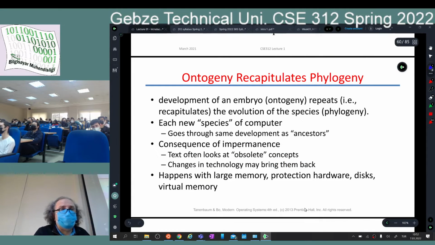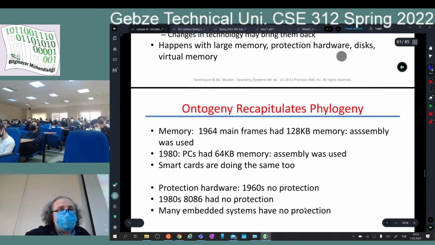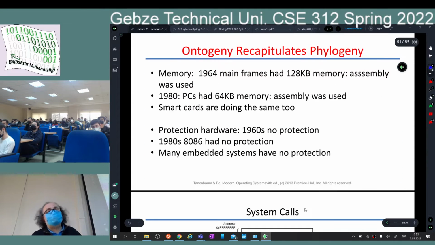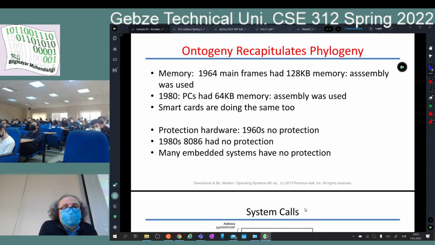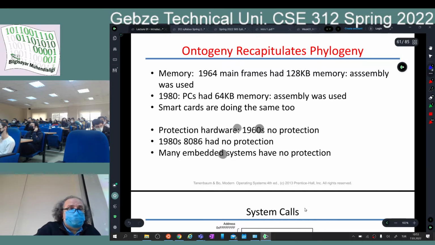We go through the same development as the ancestors. That's why we keep talking about what happened in the 1960s, 70s, and 80s. Okay, because we cannot avoid it. It is not like we solved those problems and we are not going to go back to them again. No, we are going to solve those problems over and over again for the new types of computers, because that's what has happened for the last 4 or 5 generations of computer hardware and operating systems.